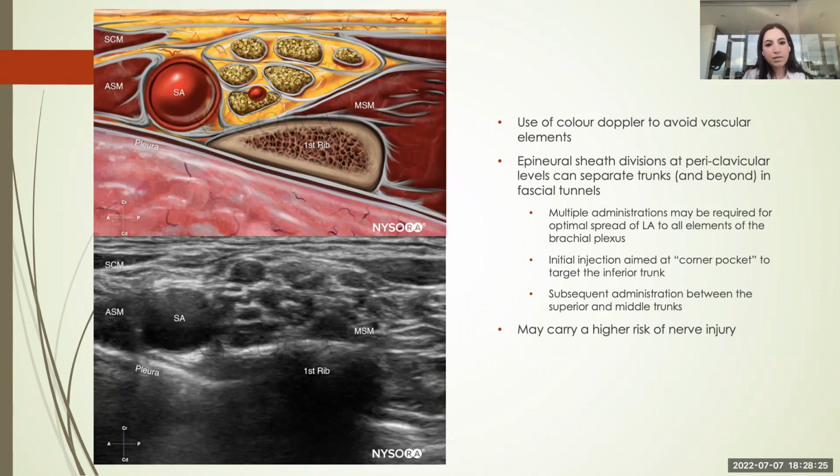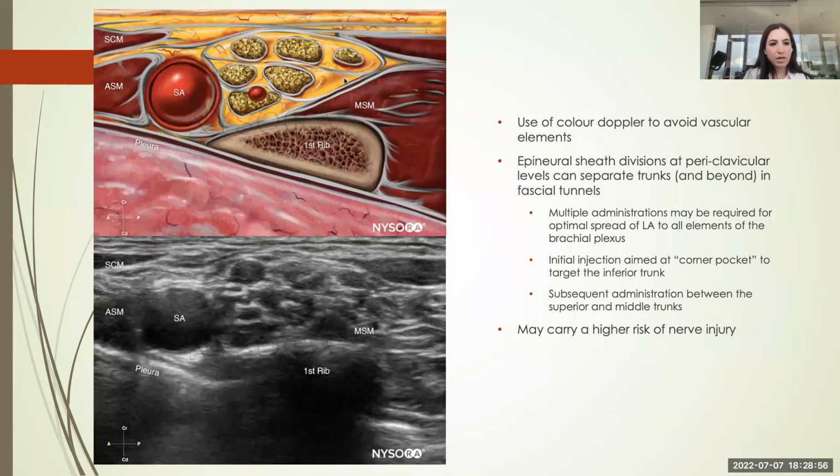What that implies is that to get an ideal spread, you really should be performing multiple injections. Generally, we deposit 2/3 of the local anesthetic in this corner pocket to target the inferior trunk, and then reposition our needle to capture the space between the superior and middle trunks as well.